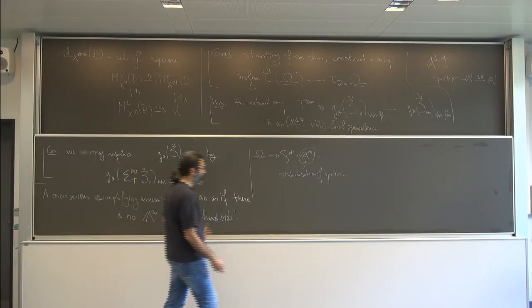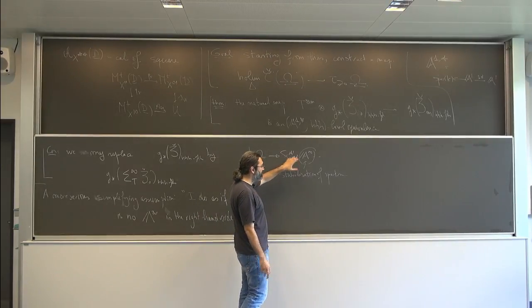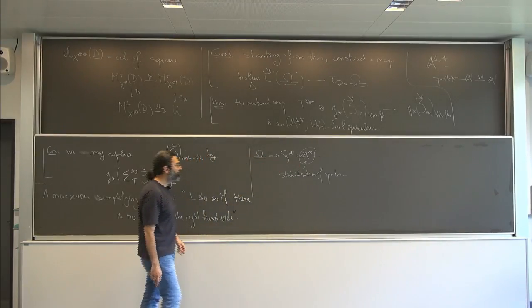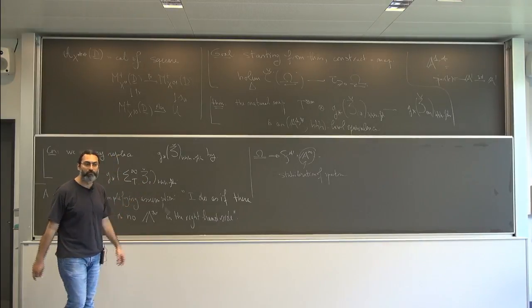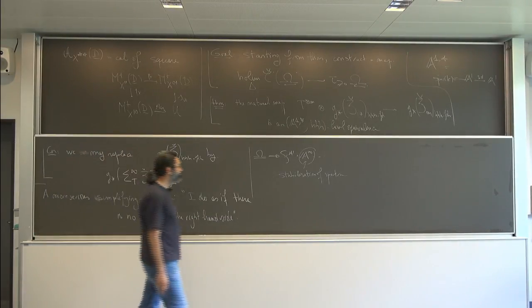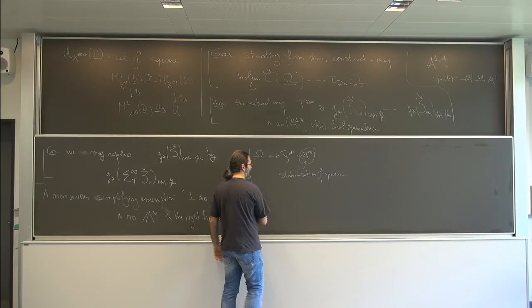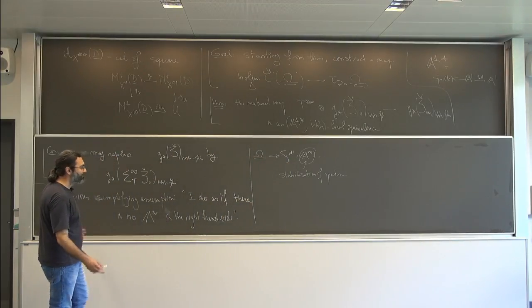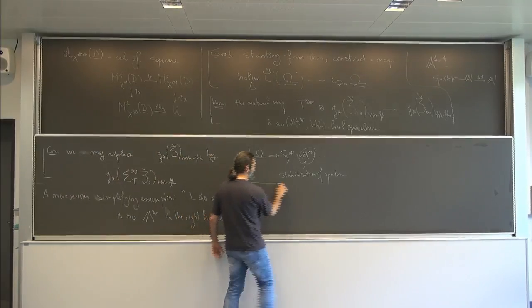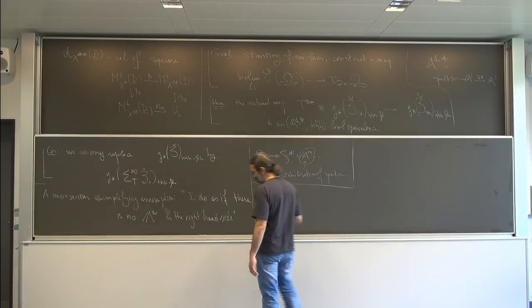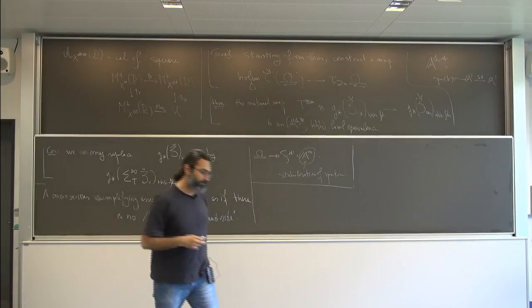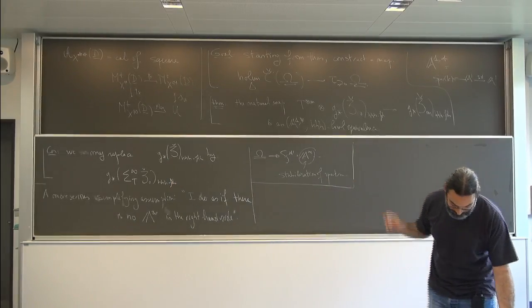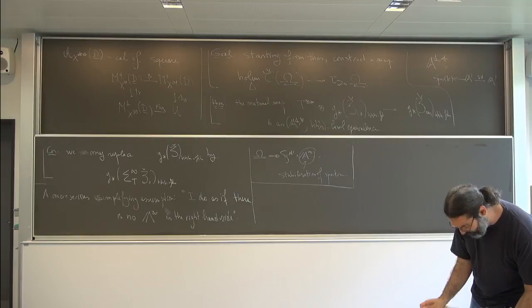I might later at some point say where the trouble is and how to deal with it. It's a bit cheating in some sense, but it's an essential difficulty that one has to solve here.